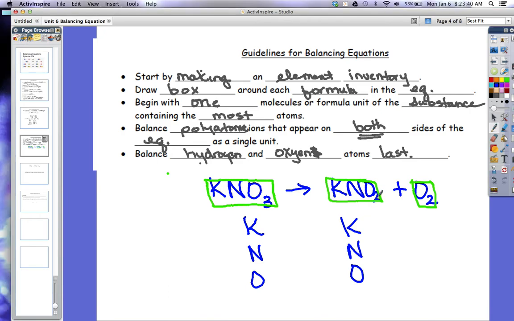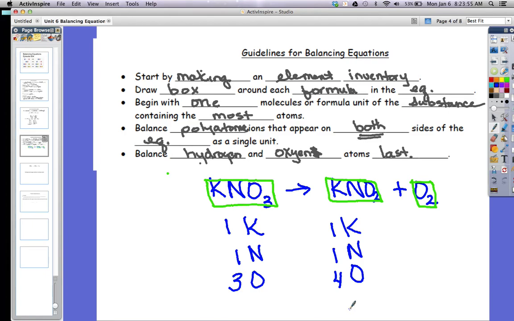Now, I want to do my oxygens last, but when I look at this, I have 1 of these on each side, and I have 1 of these on each side. So that really isn't going to help me. But what I have over here is I have 3 of these, and I have 4 of these. Okay, now, if I have 4 of these over on this side, I have to put a number in front of my KNO3.